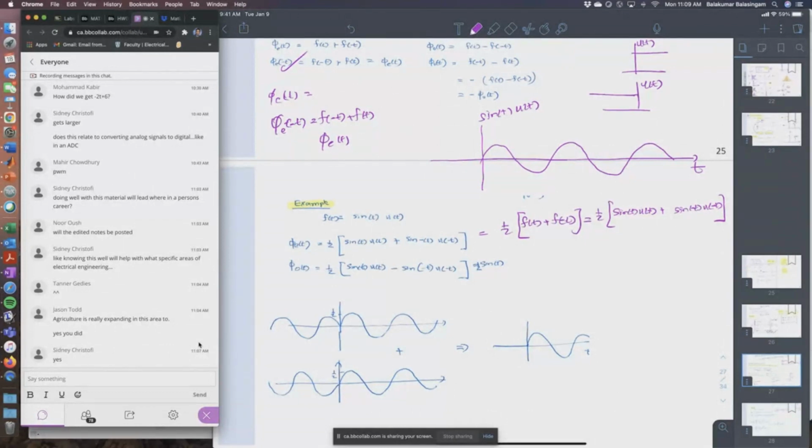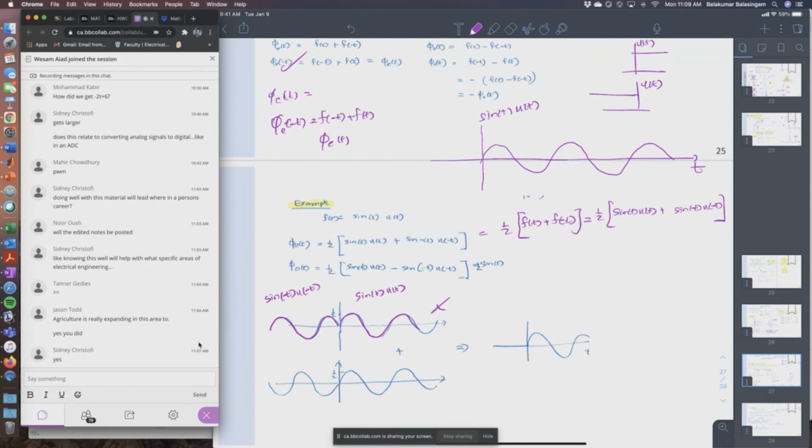So sin(-t)u(-t) is this one, the mirror image of sin(t)u(t). The right part of the signal is sin(t)u(t). The other part is again sin(-t)u(-t). When you add them together, that is a signal, and look, that signal is an even signal.